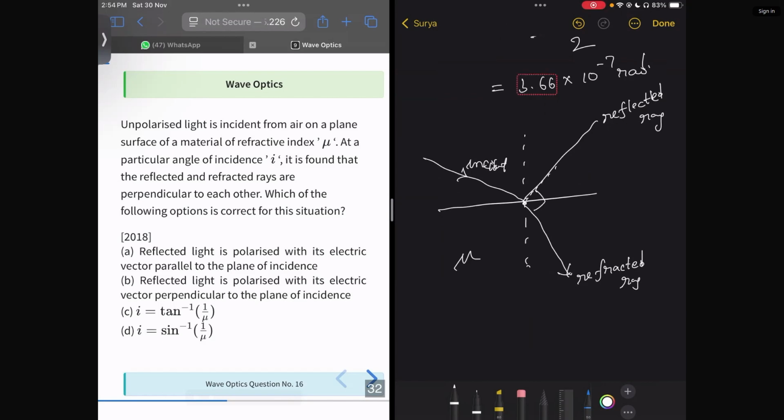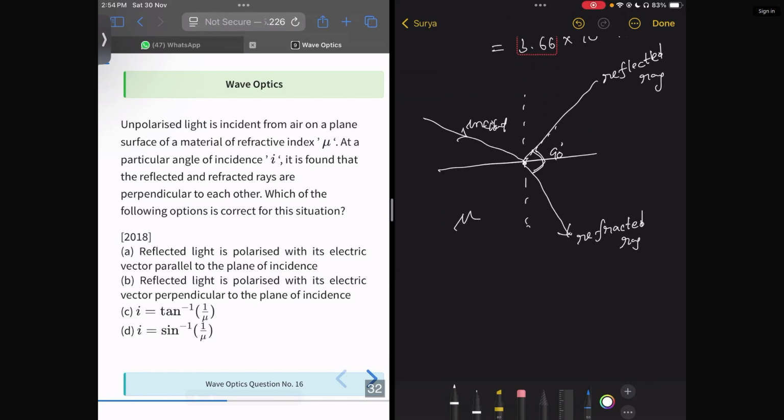When the angle between them is 90 degrees, tan I is equal to mu, where I is the Brewster angle. So I is equal to tan inverse of mu.